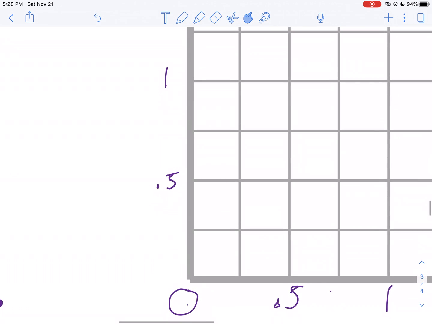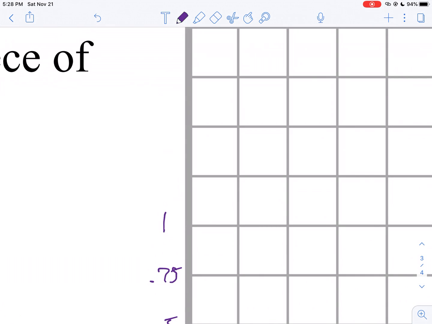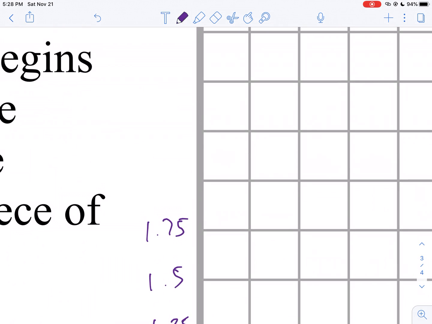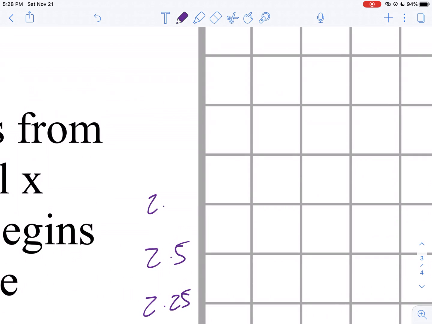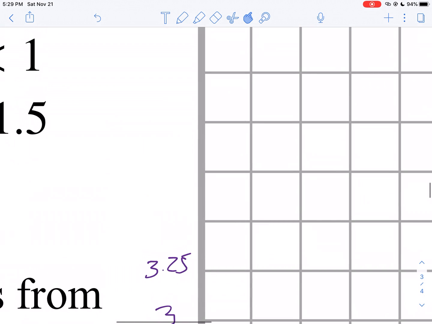Actually, I think I can fit these in here, so I'm going to fit them in there. 0.25, 0.5, 0.75, 1.25, 1.5, 1.75, 2, 2.25, 2.5, 2.75, 3, 3.25, 3.5, 3.75, and 4. Now let's plot our points.